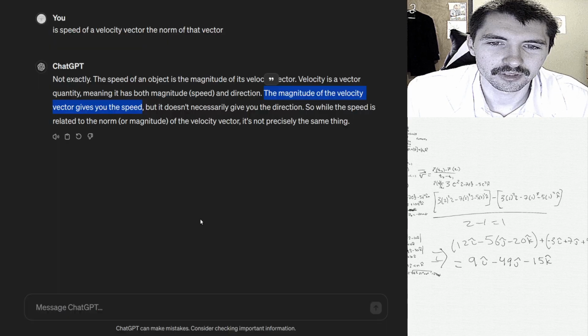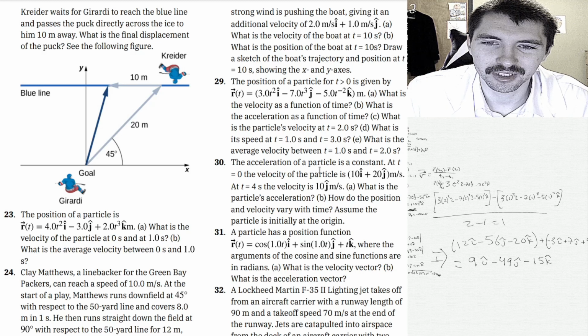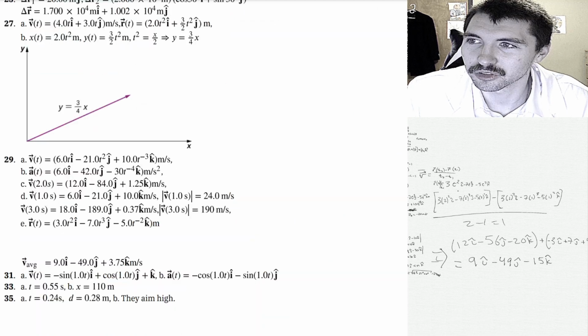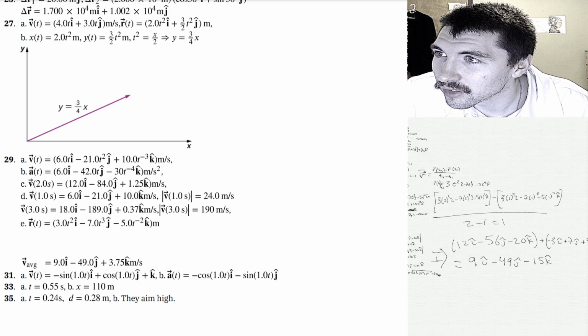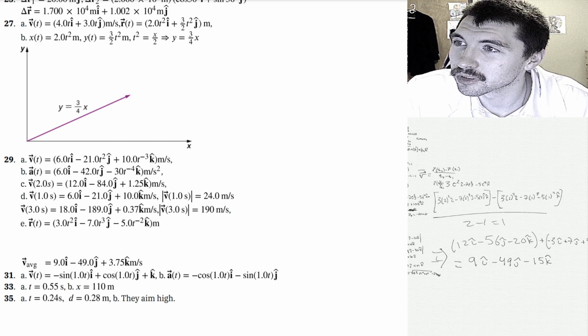The book gave you the position function, which we get close to right. It would just be a -2, but we're pretty much spot on.